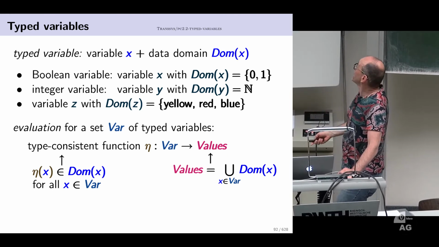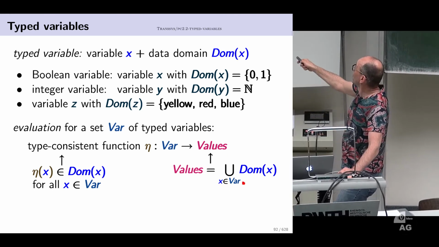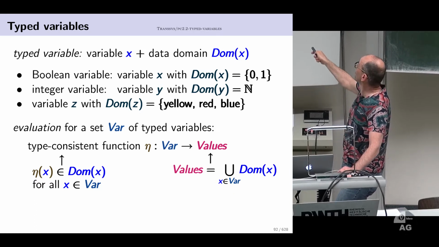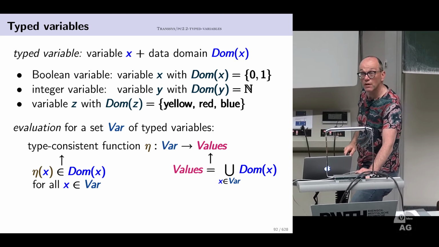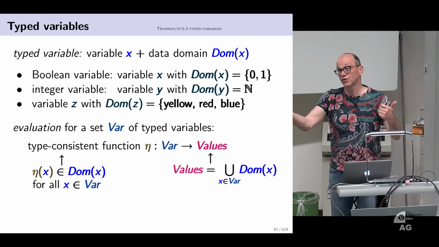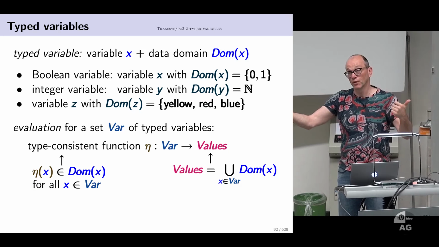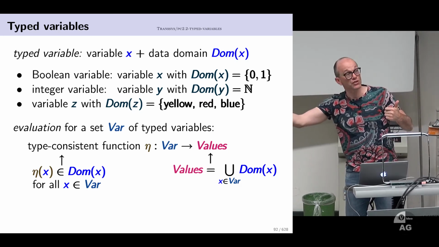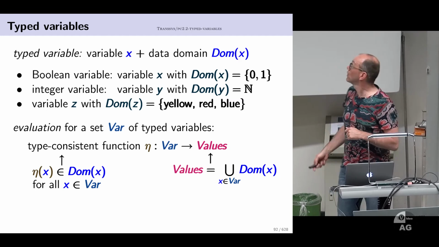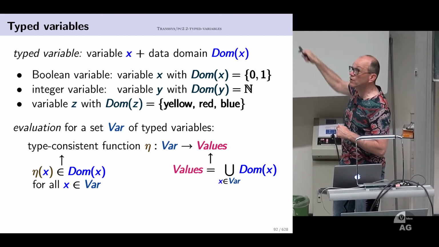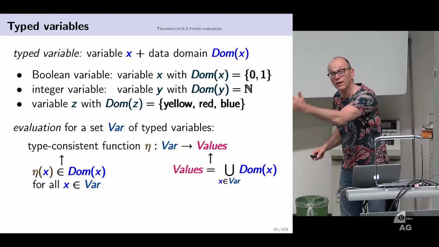Now, we take all the variables x, and we take the union over all the domains of all the variables. If I have a Boolean variable, an integer, and a string, then this function is going to assign to this Boolean, to this integer, and to this string a value. So the codomain of eta is the union of the Booleans, the integers, and the strings.